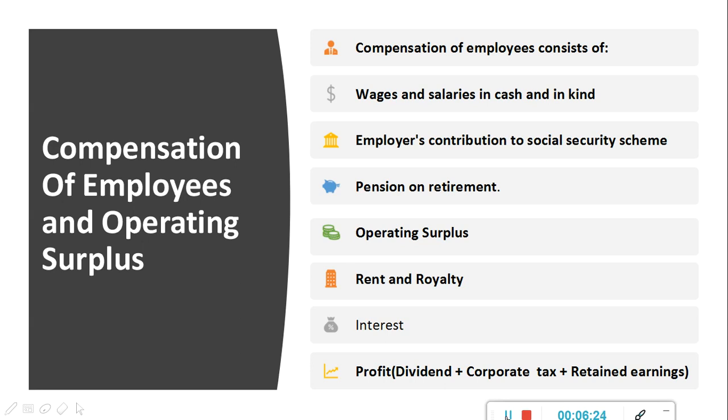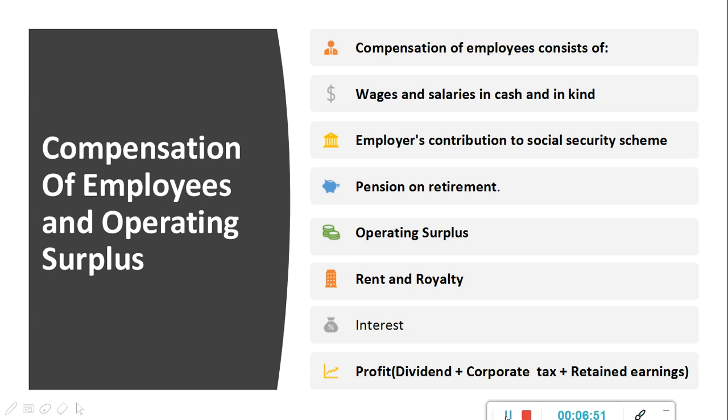Employer's contribution to social security scheme is part of compensation of employees, but employee's contribution to social security scheme is not part of compensation of employees separately. It is not included in our national income. It is part of wages and salaries itself.